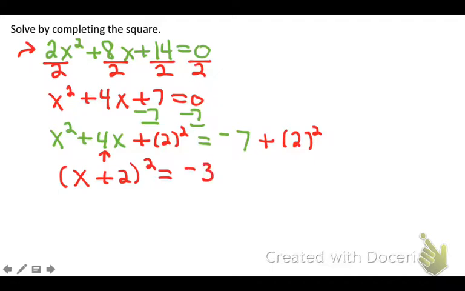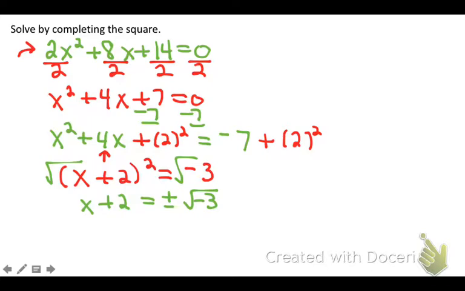Now we need to find the square root of both sides. So we end up with x plus 2 equals plus or minus the square root of -3.